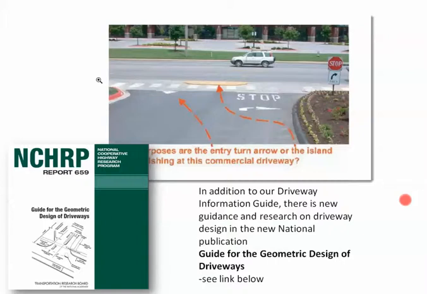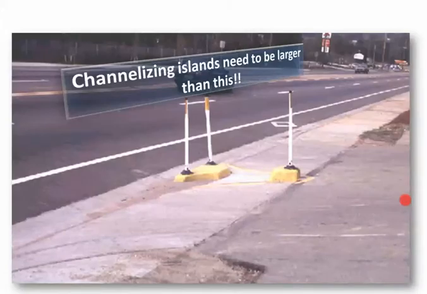Brag a little bit here. The authors of this report did admit that the Florida Driveway Information Guide was one of their inspirations. So, channelizing islands need to be larger than this.